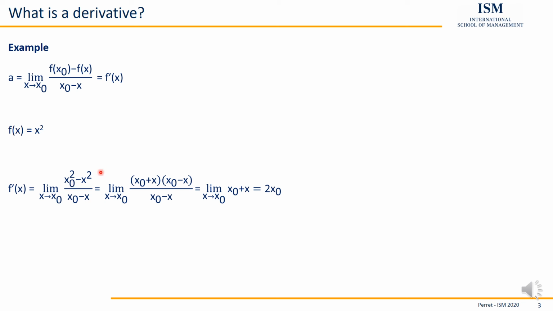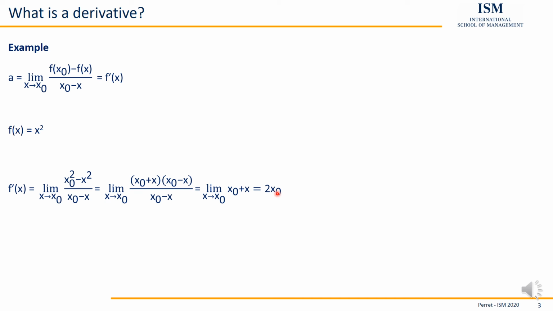If I take a closer look up here, I see this is actually the third binomial form. So I can split this up in this fashion and then shorten these two parts. I'm left with x0 plus x. Now, without any problems, I can insert x0 instead of x, giving me as a result 2x0.